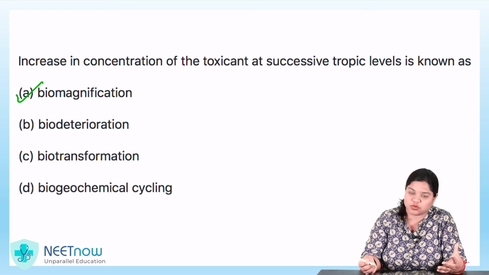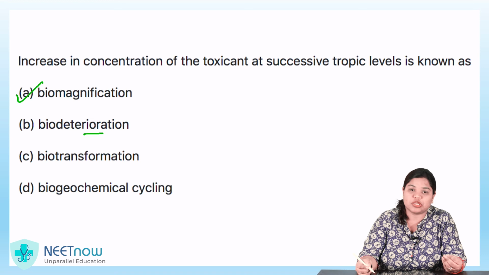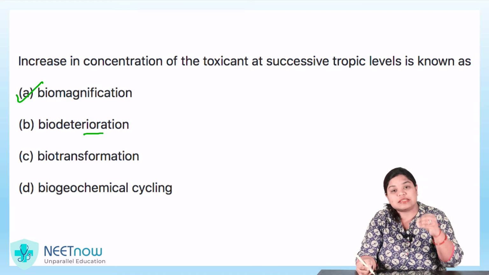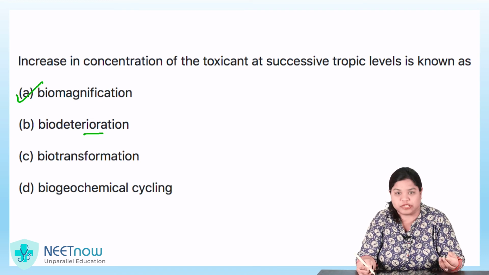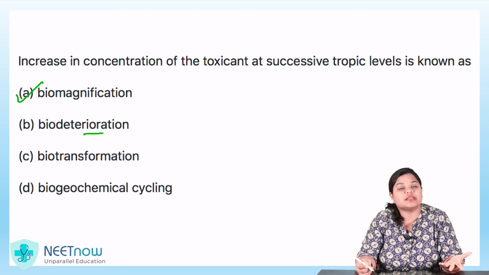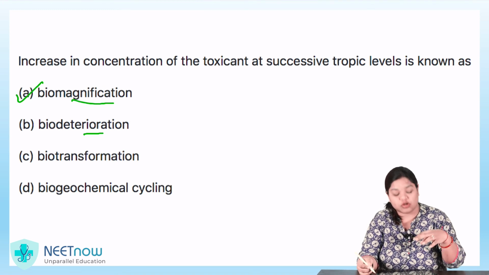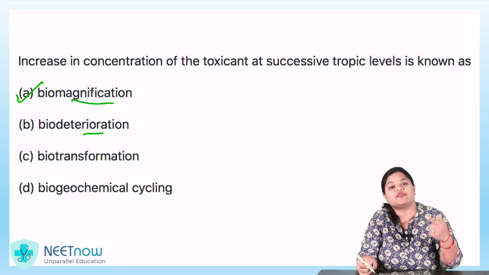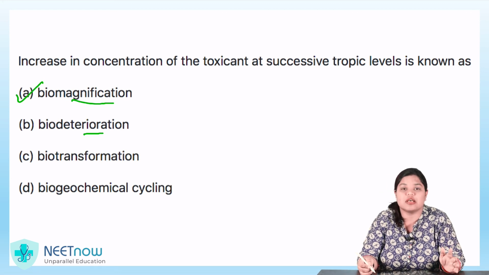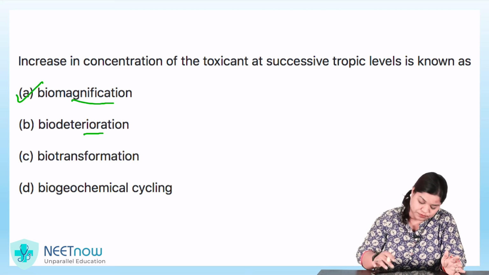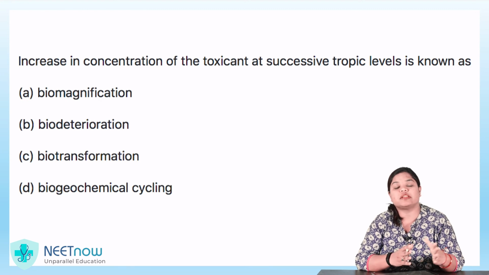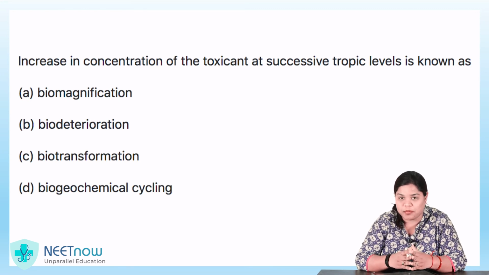If we go through the options once, biodeterioration would mean that it is decreasing or diminishing, which is not possible. Biotransformation means it is getting transformed into something else. No. Biogeochemical cycling is nothing but nutrient cycling. And you have to remember that biomagnification is nothing but the increase in concentration of the toxicant at successive trophic levels. So this is biomagnification.